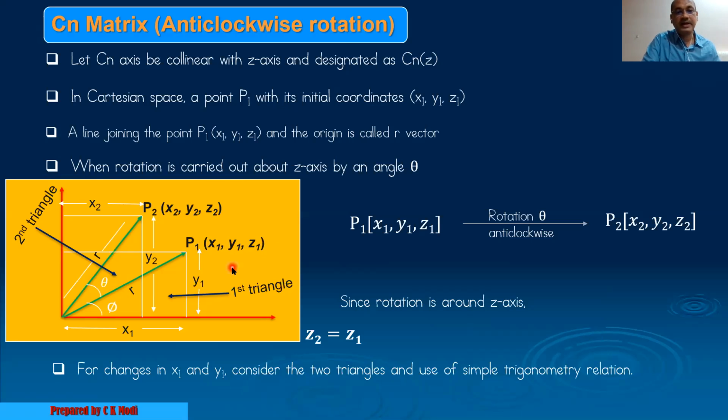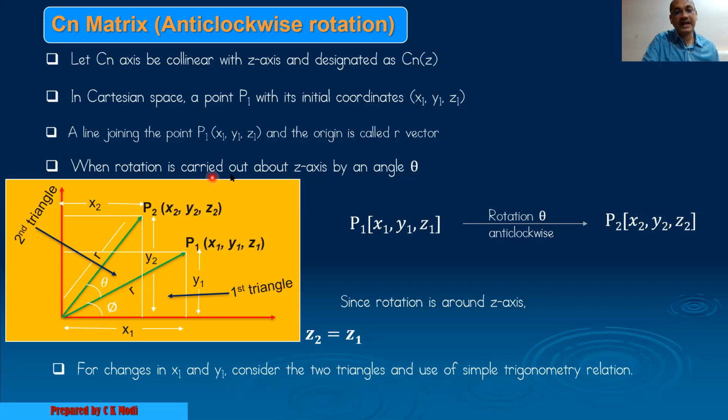These are the initial coordinates. Then C2 is situated on the z-axis. Now a line joining the point P1, that is called vector R.